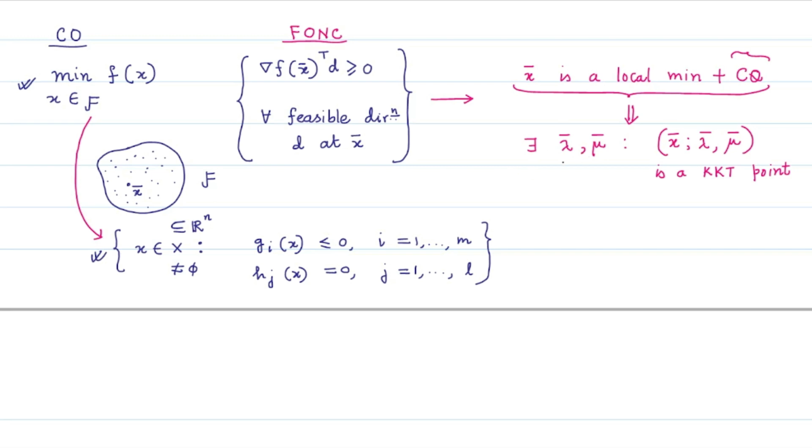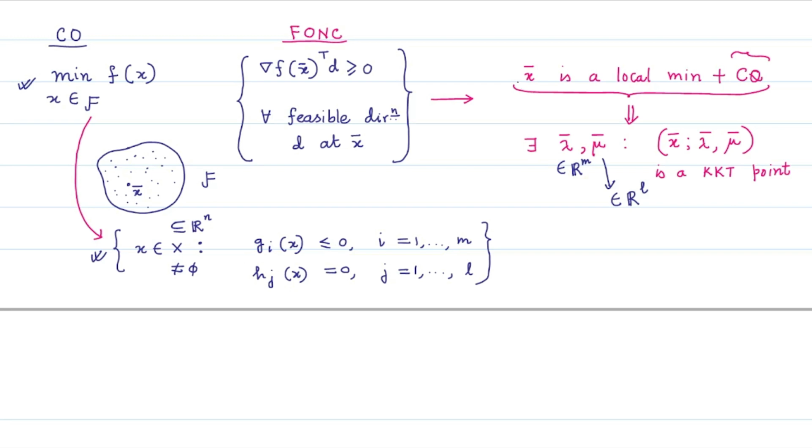If the constraint set F is given in this structured manner by these inequalities and equalities, then these lambda bar and mu bar have many components. Each of the components of lambda bar is associated with the constraint functions g_i, and this mu bar belongs to R^L, where each of the components of mu bar is associated to one of the equalities h_j(x) equal to 0.